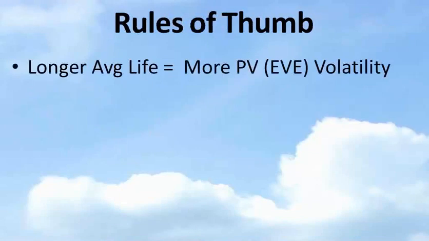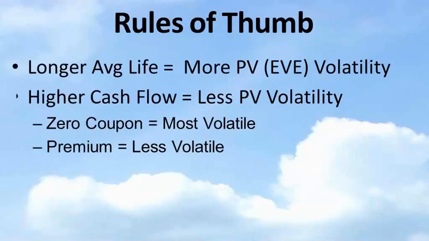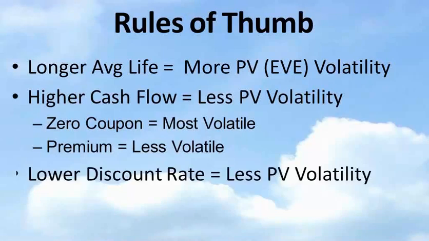A couple of rules of thumb: the longer the average life, the more present value or EVE volatility that's going to exist. The higher the cash flow, the less present value or EVE volatility. So a zero coupon cash flow is going to be your most volatile, and a premium is going to be less volatile. Now, a lower discount rate is synonymous with less present value volatility.